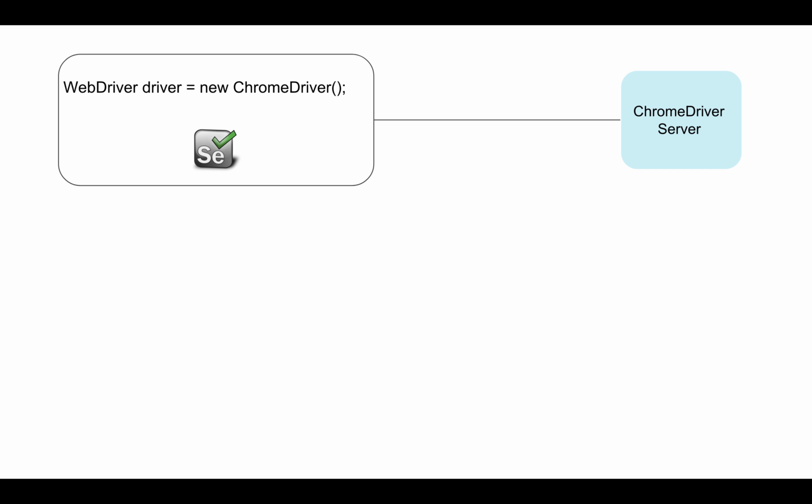WebDriver acts as a client, so it constructs the equivalent URI for a Selenium command which it needs to hit on the server, and it considers the payload JSON. In the case of creating a new instance, it will hit the session URI. Now it will start the Chrome instance.